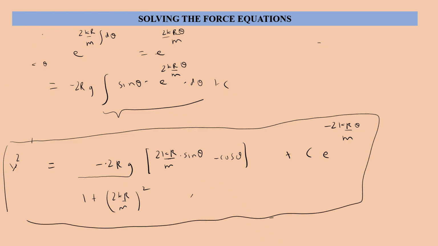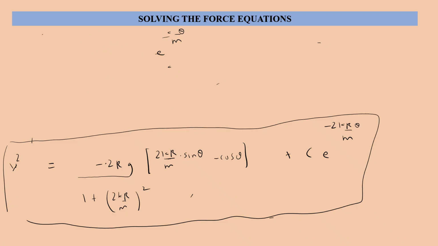The constant c here is an arbitrary integration constant, and it needs to be obtained using the initial condition. In our case, the initial condition is that when the motion began, that is when theta was 0, velocity imparted was u. Therefore, v at theta equal to 0 is equal to u.